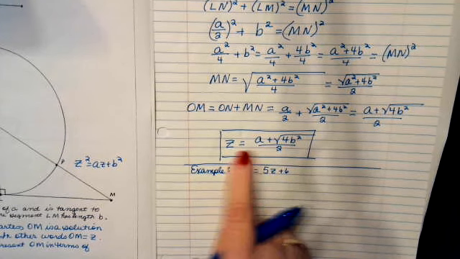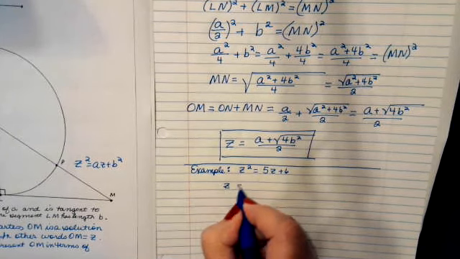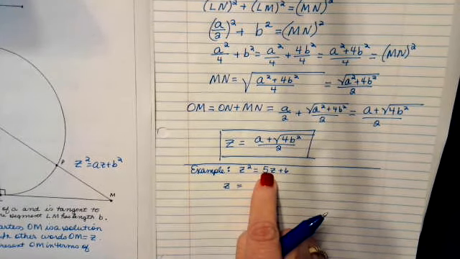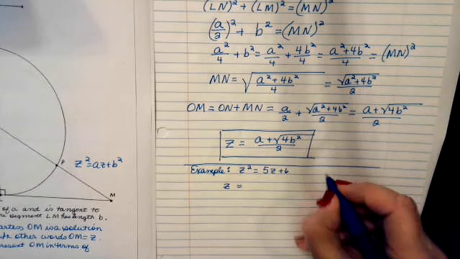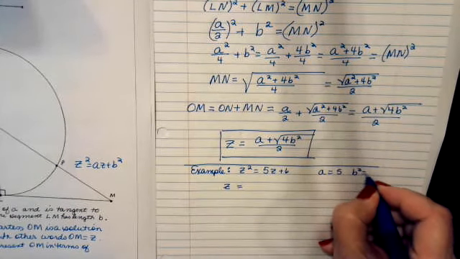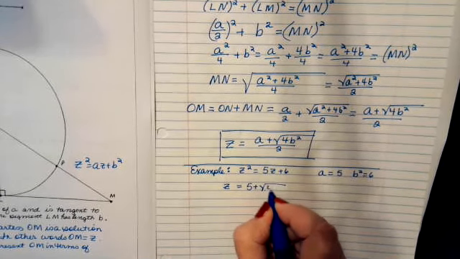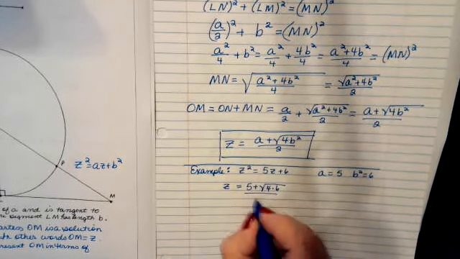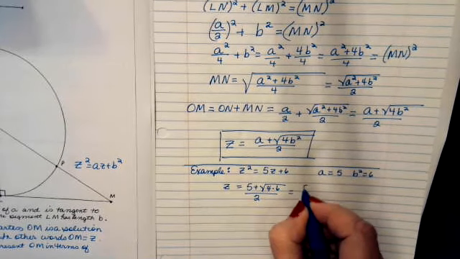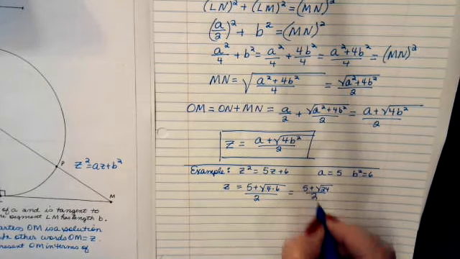Well, we're just going to do the substitution. Let's just substitute these numbers in here. We get Z equals, this is A, and in this case, A is 5 and B squared is 6. So I've got 5 plus the square root of 4 times 6 all over 2. So 5 plus the square root of 24 over 2.